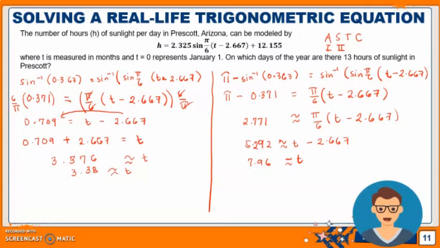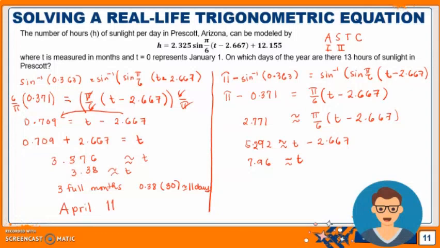Since the time t of 3.38 represents 3 full months plus 0.38 of approximately 30 days, that is approximately 11 days. So, from January 1, that's 3 full months and 11 days, approximately April 11.